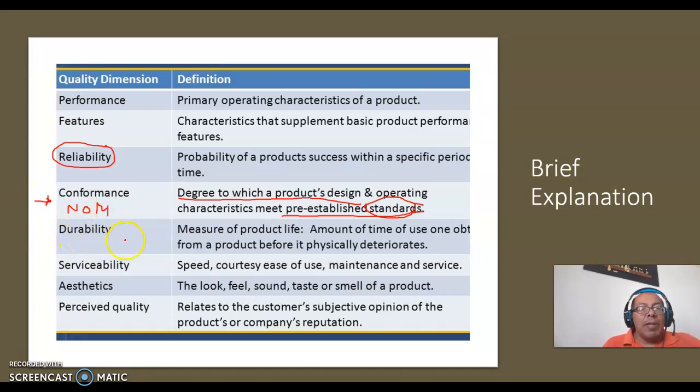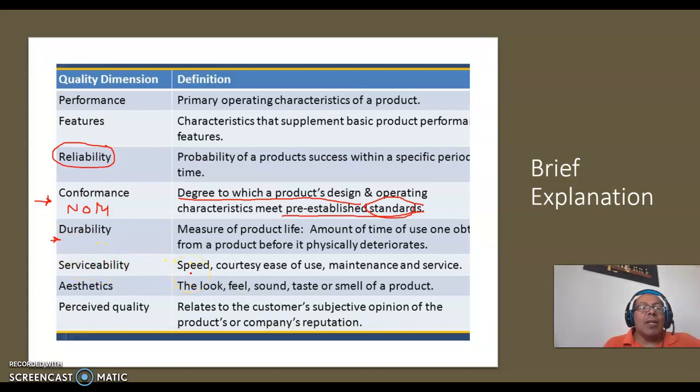Durability. Durability is a measure of product life, the amount of time of use one obtains from the product before it physically deteriorates and is no longer usable. So durability we can measure in time, let's say days, months, years probably, that the product is going to work properly.